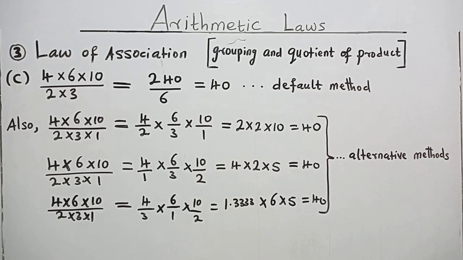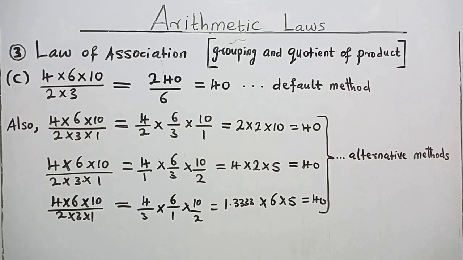Here we see that we have a difference in the number of participants in the dividend and the divisor. The dividend contains 3 numbers. There are 4, 6, and 10, but the divisor contains only 2 numbers, 2 and 3.